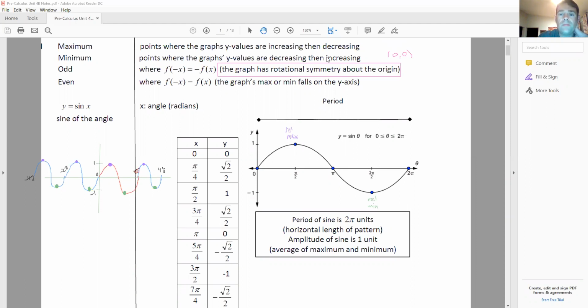And if the graph has a relative max or a relative min for sine or cosine on the y-axis, then it would be even. For instance, for the generic sine, I have a point right here at 0, 0. If I were to spin it 180 degrees, I'd get the same graph. So sine itself is an odd function. And again, we've talked about that a little bit.